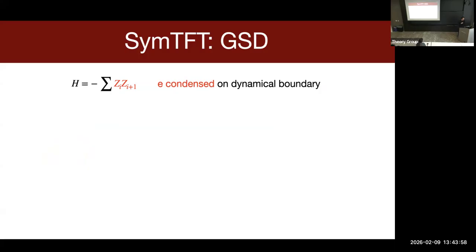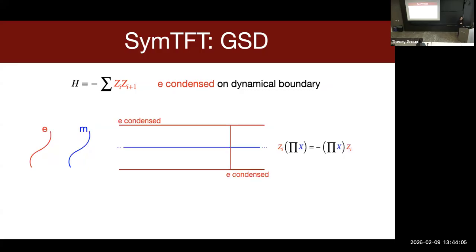The other Hamiltonian that one would consider is this ferromagnet Hamiltonian. And in this case, recall that the bottom boundary we fixed to be E condensed, and now the top boundary we can choose to be E condensed as well. And to see that it has the correct ground state degeneracy, we can observe that in the gauge theory, there's a line operator which connects the top and bottom boundaries, which anti-commutes with the M string operator.